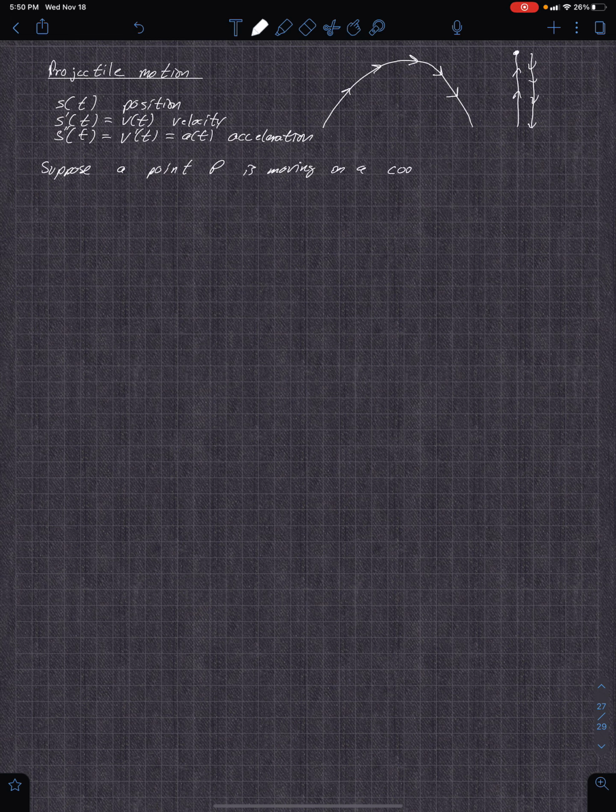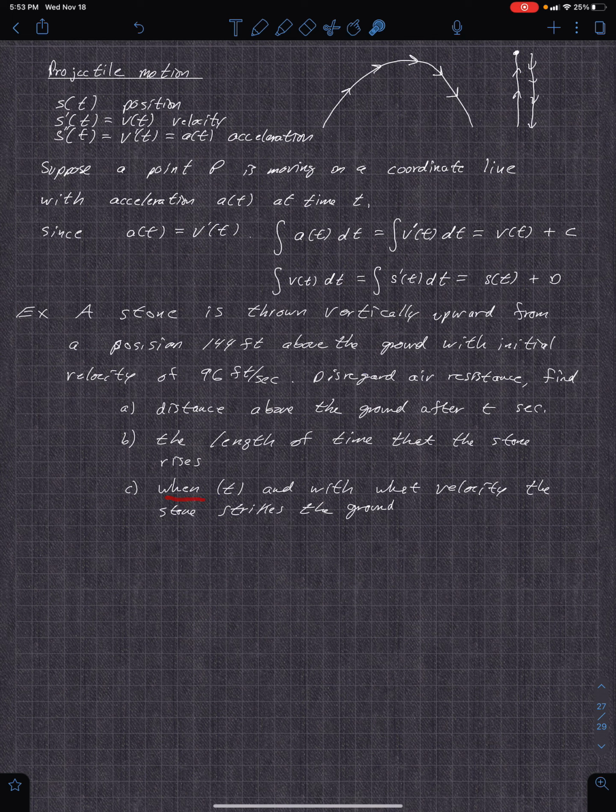Find, and here are your three things: distance above the ground after t seconds, the length of time that the stone rises, like how long it goes up before it turns and comes back down, and with what velocity the stone strikes the ground. So we have three different things to look at. So let's take a look at this question.